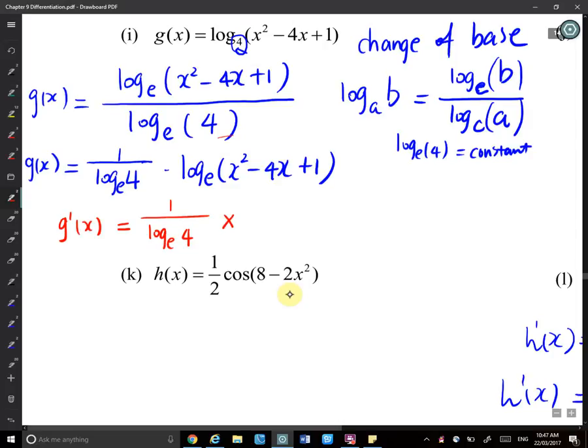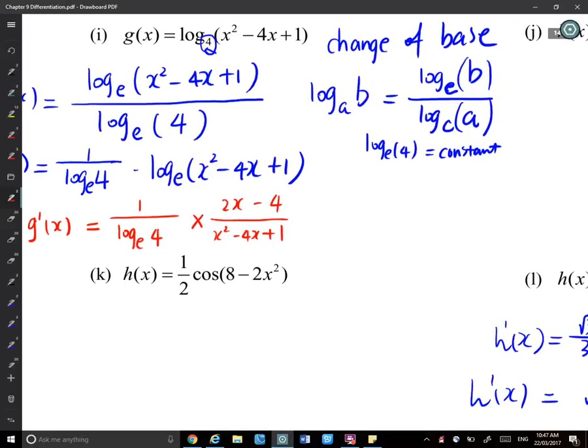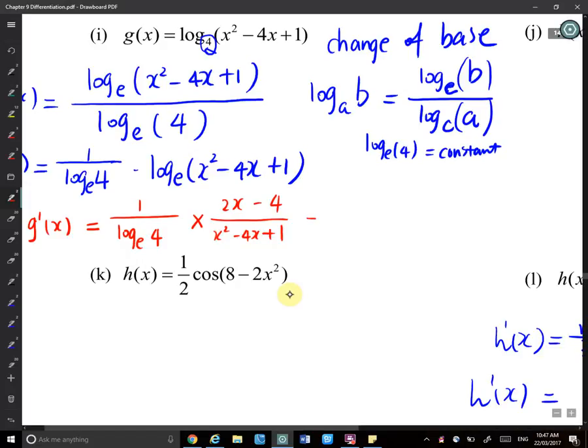When you derive the things inside, you have 2x minus 4 over x squared minus 4x plus 1. So if you can combine them, you can say that's 2x minus 4 over log e 4 times bracket x squared minus 4x plus 1.